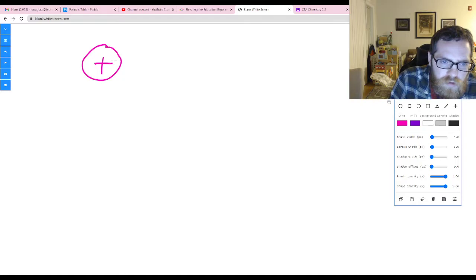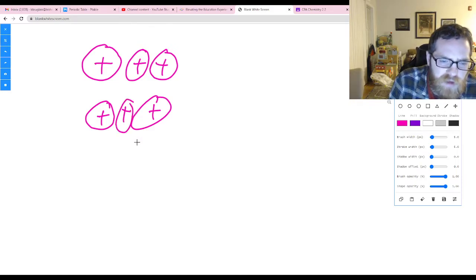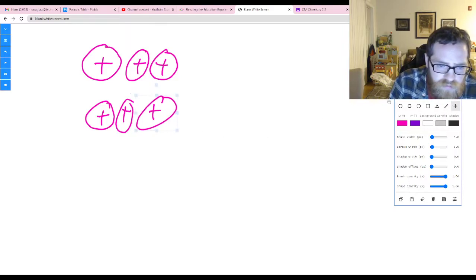Metals are going to be these positively charged particles that are fairly tightly packed, but also not so tightly packed as to have a kind of problem of repelling each other.